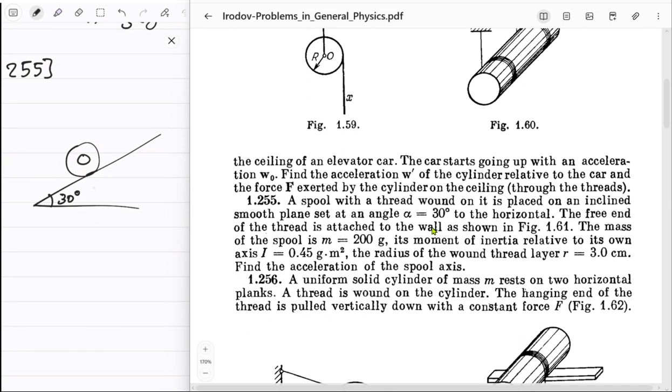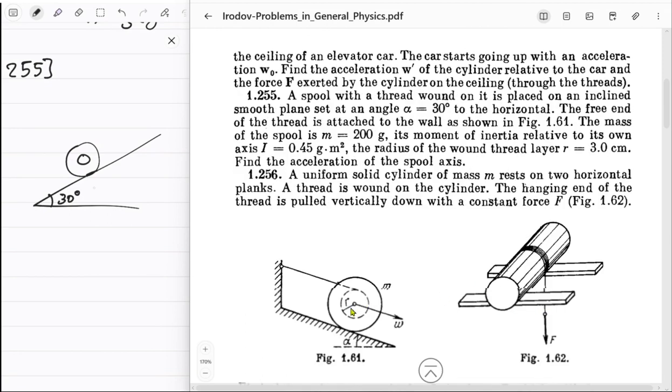The free end of the thread is attached to the wall as shown. Perfect. So the free end is attached like this.